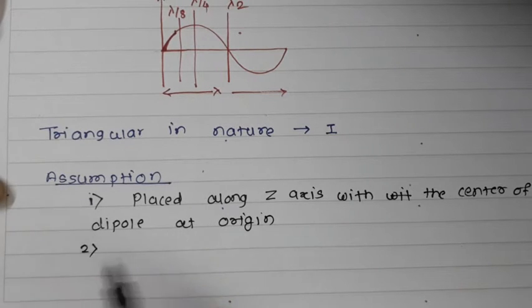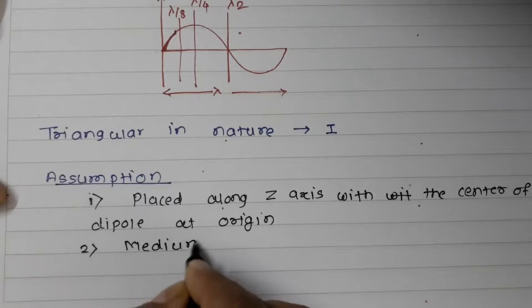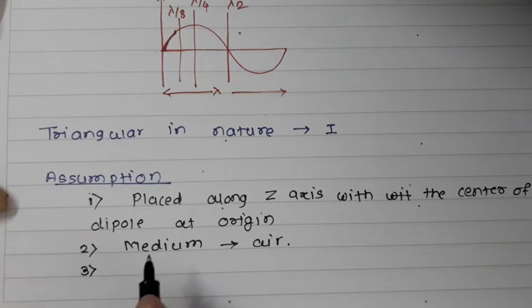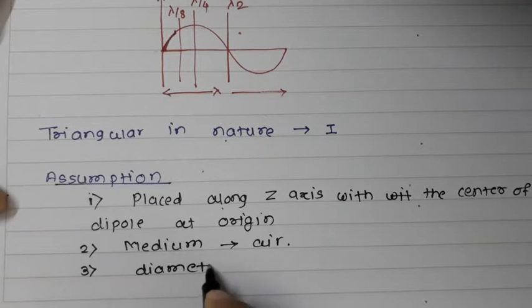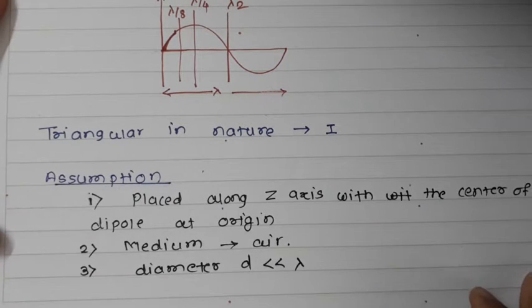The second assumption is that the medium surrounding this particular dipole is air. The third assumption is that the diameter d of this particular wire is very small compared to lambda.